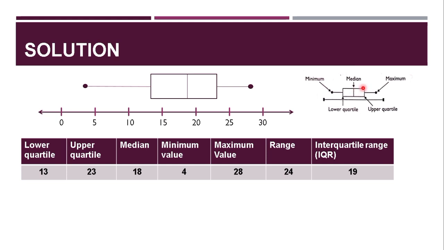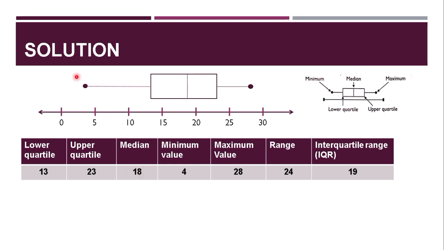So 13 is the lower quartile. The upper quartile is on this side, and that is around 23, because you have 20, 25. So the upper quartile is 23. The median is the middle of the box, and this is around 18. So the median is 18.